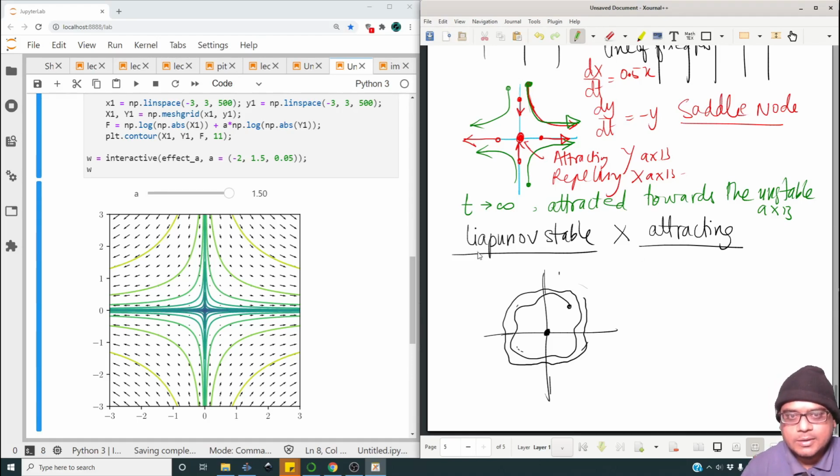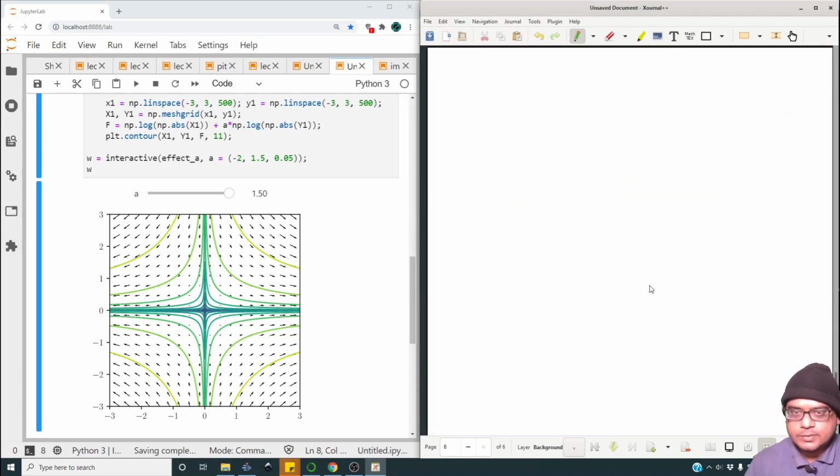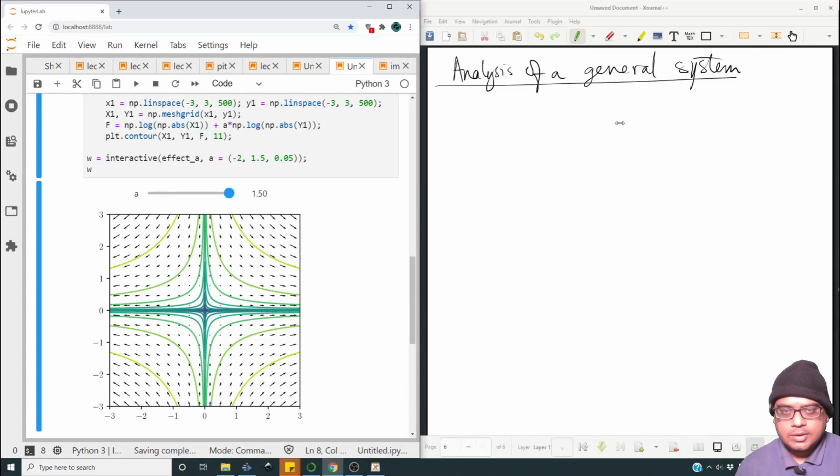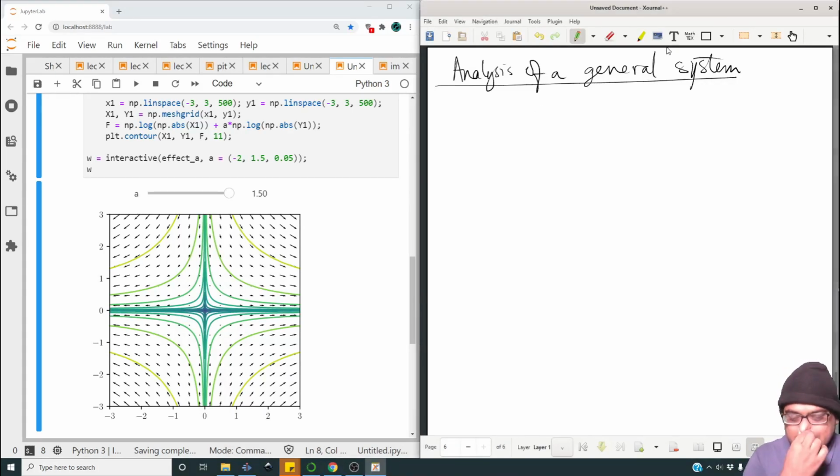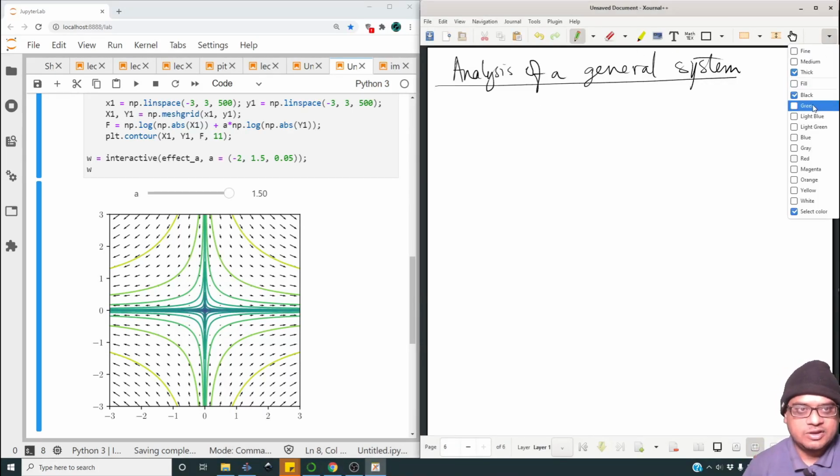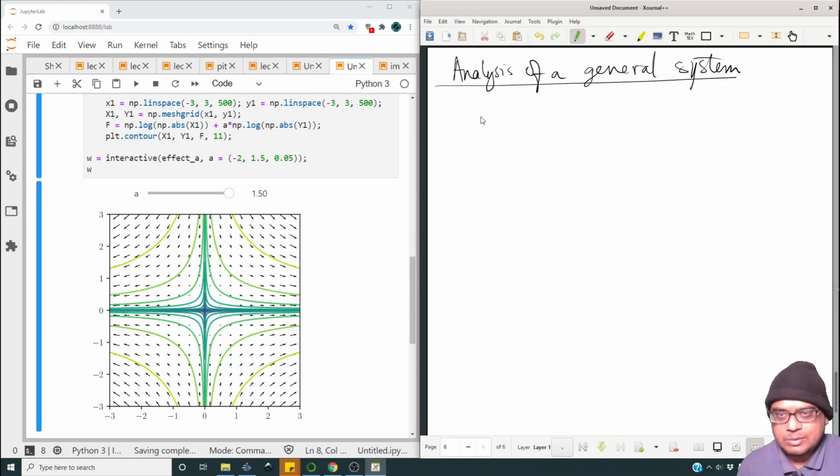Okay, so with this out of the way, let us move on to the analysis of a general system. I mean, it will be clear what the ramifications are of the eigenvalues through this example. Let us consider this particular example. It's a very simple example, but it will bring to the picture what is going on. So consider this.